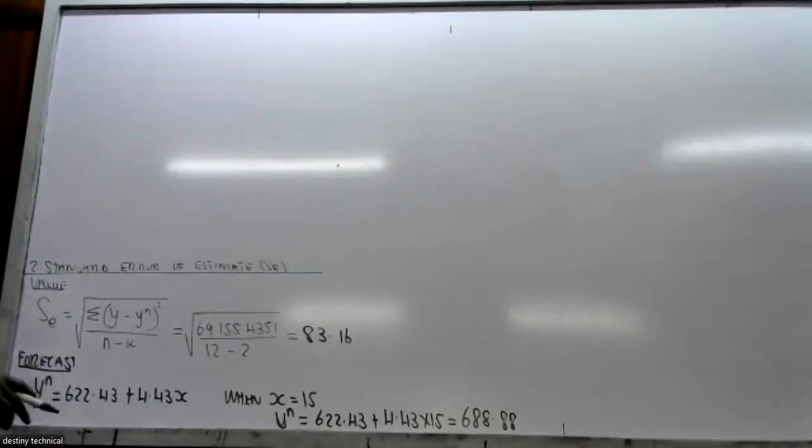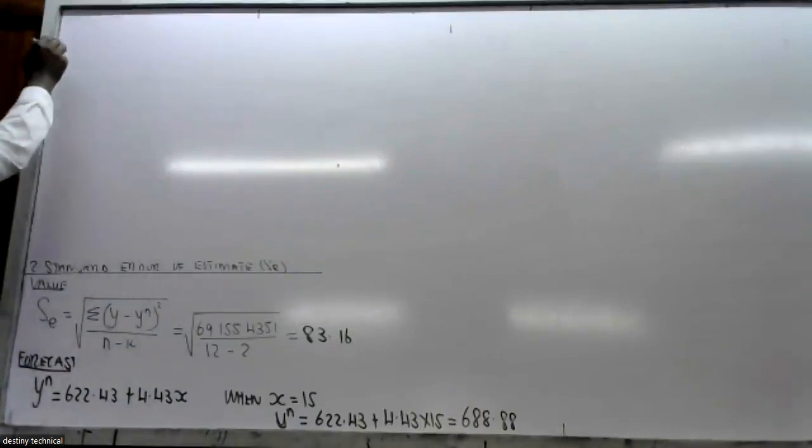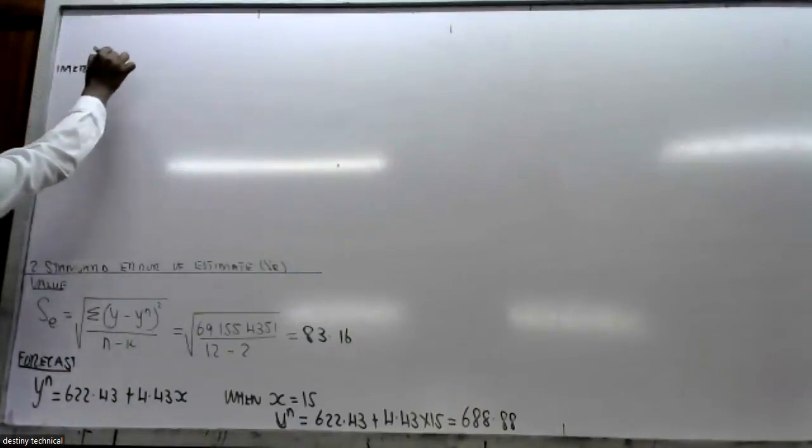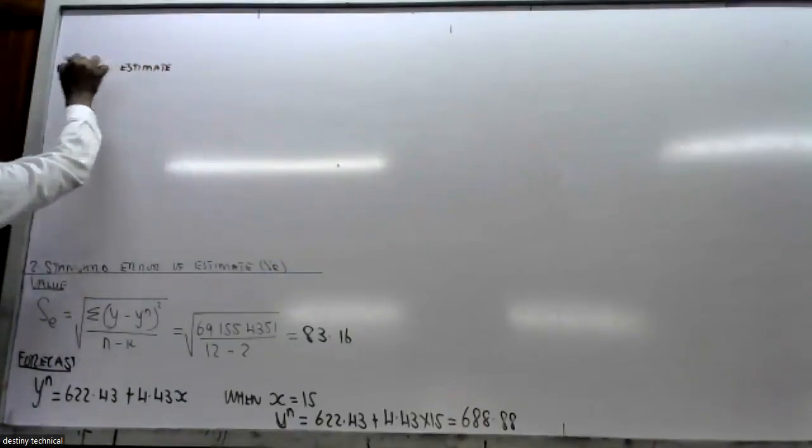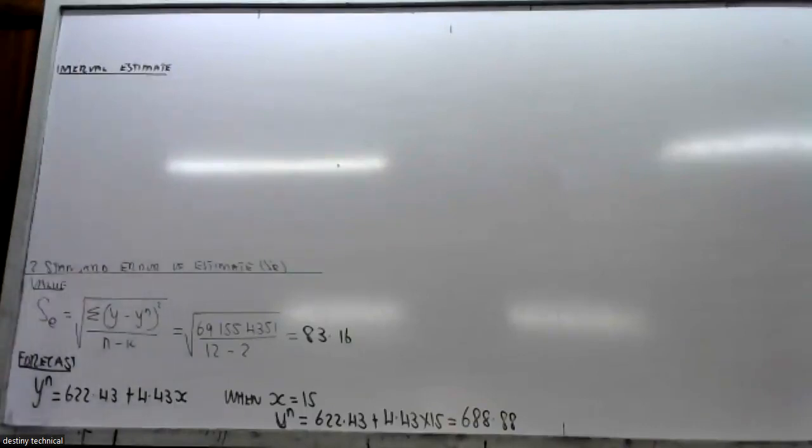So the next thing that we want to do, as we look for the error, is now interval estimate. We want to see what will be the interval estimate. We are still under the standard error of estimate.